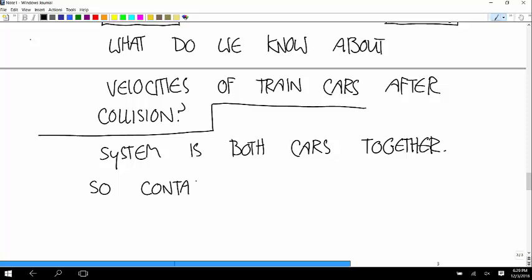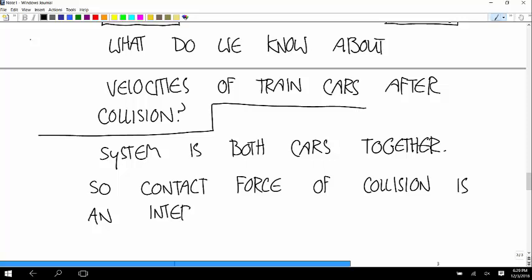So that contact force of the collision is an internal force, and so it doesn't contribute to the net force.